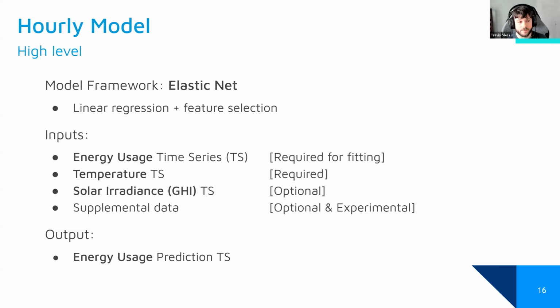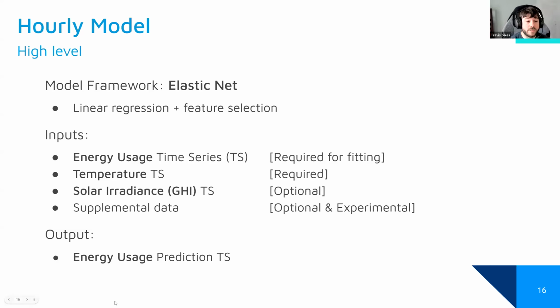If you are able to provide this data, then it swaps to a solar model where you could apply this to non-solar buildings, and if they do respond to the solar irradiance, you will see a benefit, and if they don't, it'll be downweighted to where it doesn't matter.